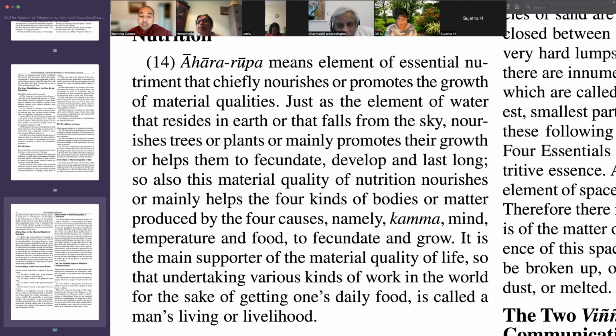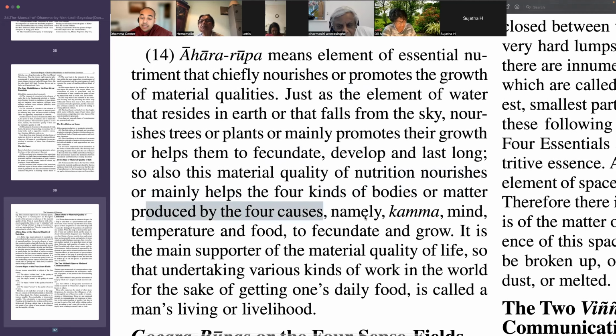Develop and last long. Also this material quality of nutrition nourishes or mainly helps the four kinds of bodies or matter produced by the four causes, namely karma, mind, temperature, and food, to fecundate and grow. It is the main supporter of the material quality of life.